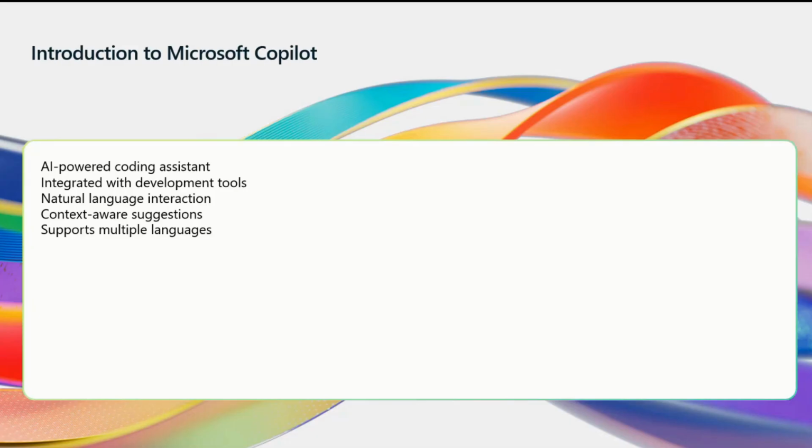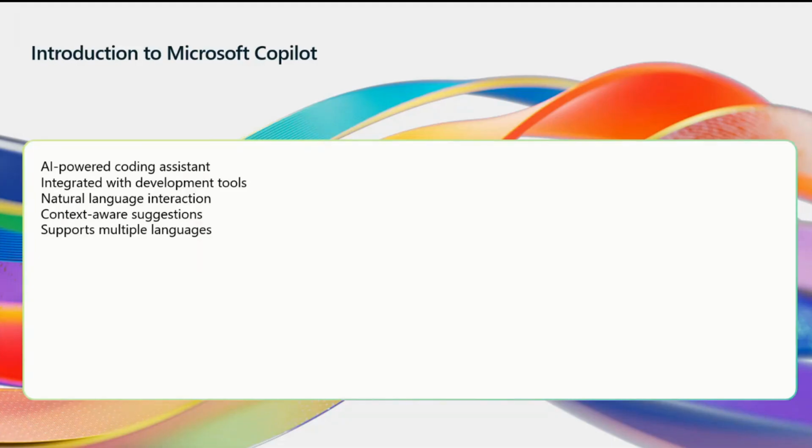Copilot is a generic tool. Whereas GitHub Copilot, you don't launch GitHub Copilot the way you launch Microsoft Copilot. GitHub Copilot is sitting inside Visual Studio Code or Visual Studio as a kind of plugin. So let me do one thing.